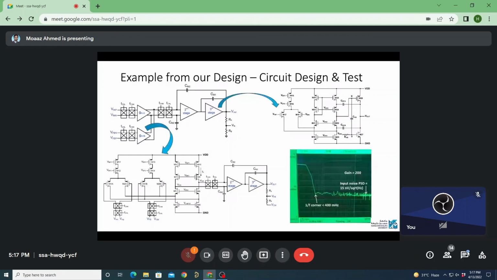This residue offset could easily be 1 or 2 microvolt. As I tell you, my signal was 5 microvolt maximum. I have to bring down the residue offset to nanovolts. So that's why I use another set of chopper. By using the second set of chopper, I reduce this residue offset to 200 nanovolt.